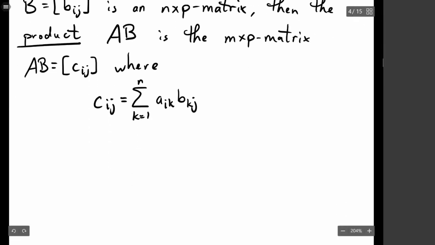What does this look like written out? Well, it's A_i1 B_1j plus A_i2 B_2j plus dot dot dot all the way up through A_in B_nj.